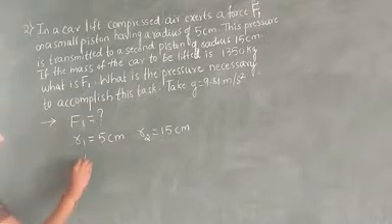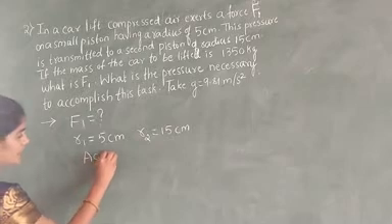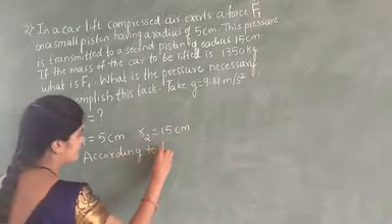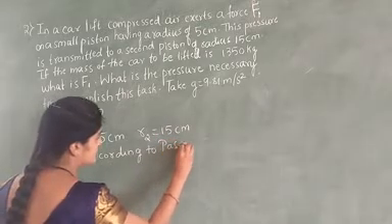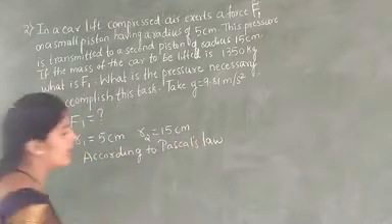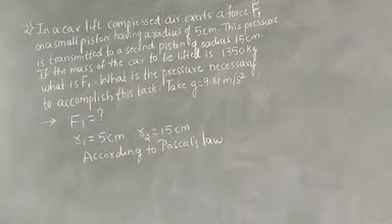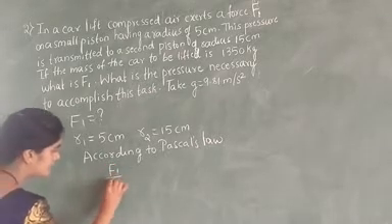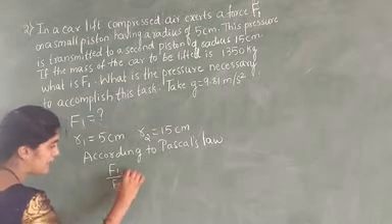Now, according to Pascal's law, we know that F1 by F2 is equal to A1 by A2.